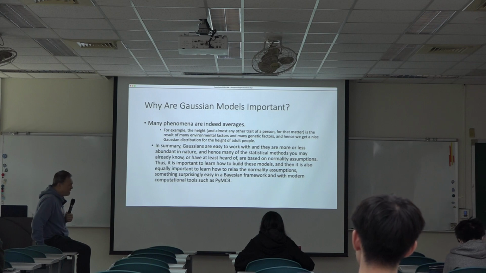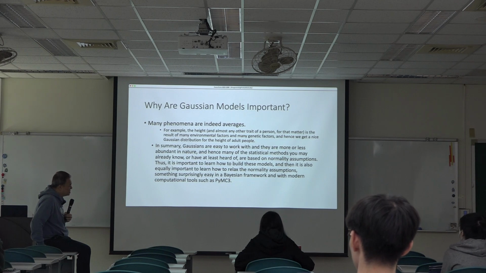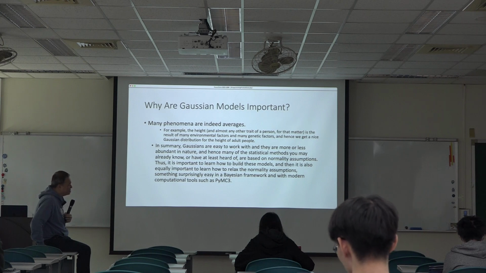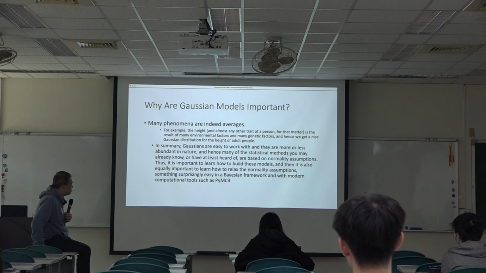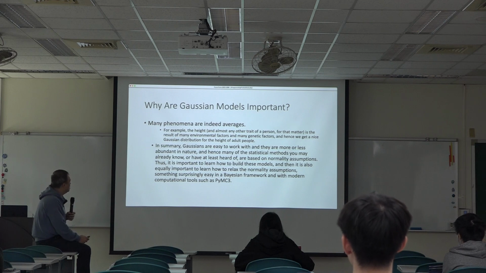Actually, if you look at any observation which is affected by many factors, as long as you collect a large enough data set, normally it looks like a Gaussian. Okay, so in summary, Gaussians are easy to work with, and they are more or less abundant in nature. Hence many of the statistical methods that we already know or have at least heard of are based on a normality assumption.